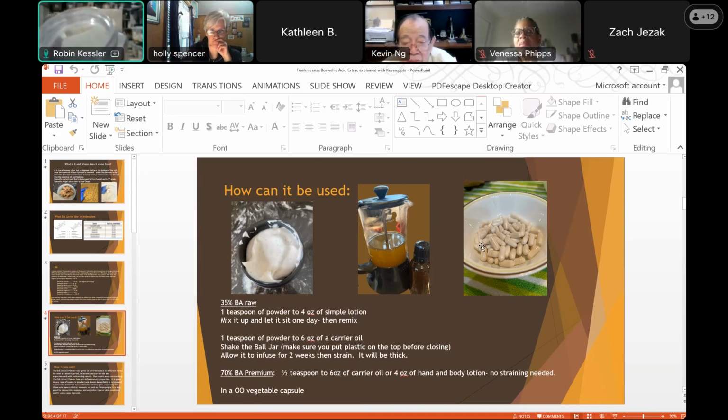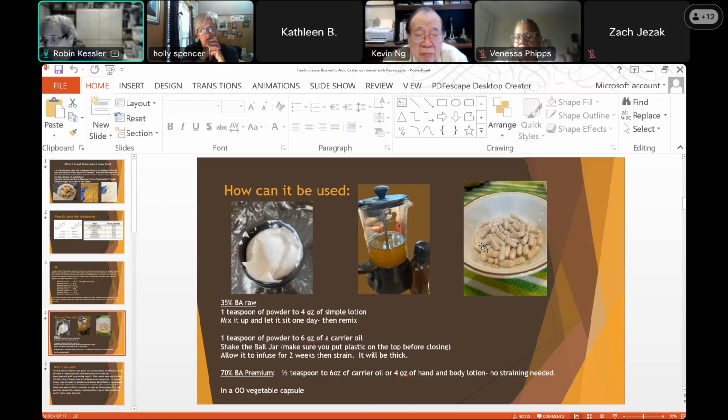There's a little difference in the color because the 70% is much finer, just like baby powder. The raw is a tiny bit thicker because it's raw. As you can see, it's still fine, but not as fine.